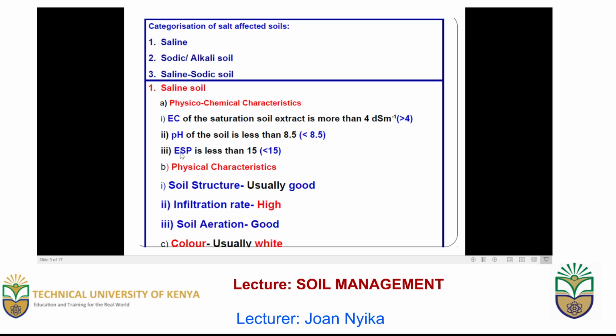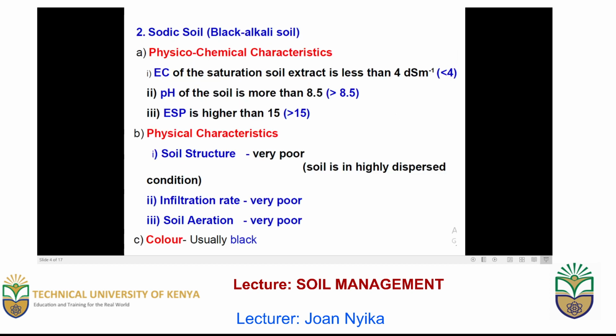The exchangeable sodium is less than 15. Then what are their physical characteristics? What do you see when you look at a saline soil? A saline soil has a good soil structure. It has good, high infiltration capacity. Its soil aeration is good, and its color is usually white, as we have seen in the previous photos.